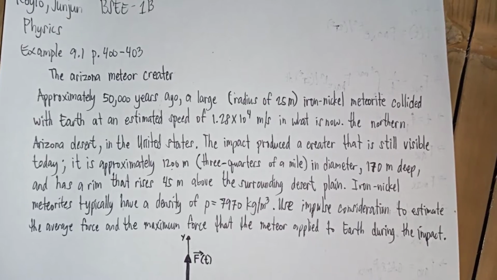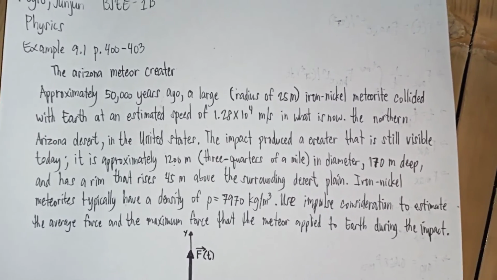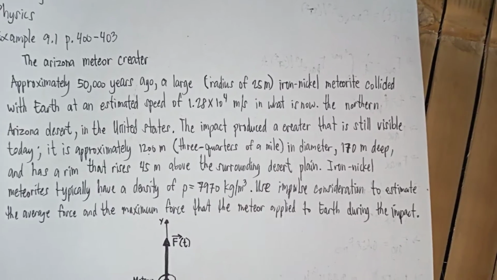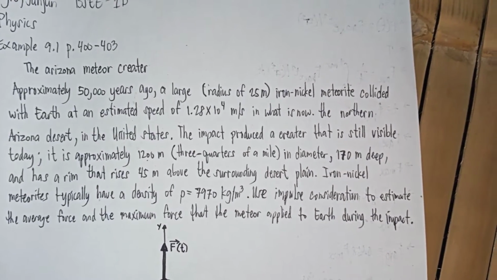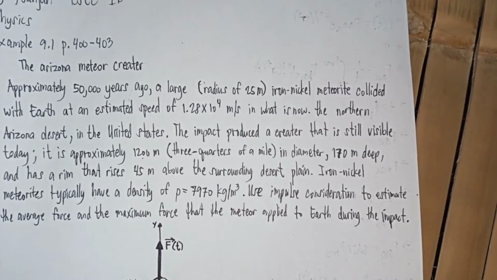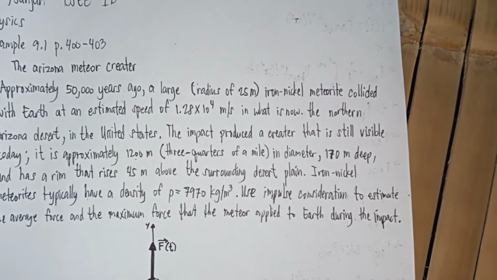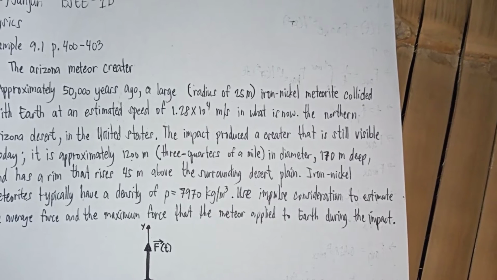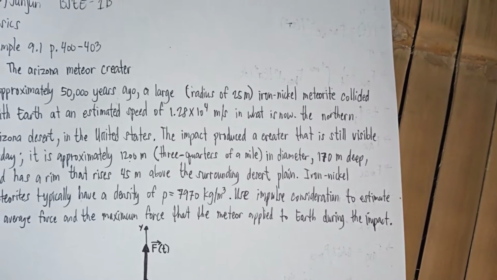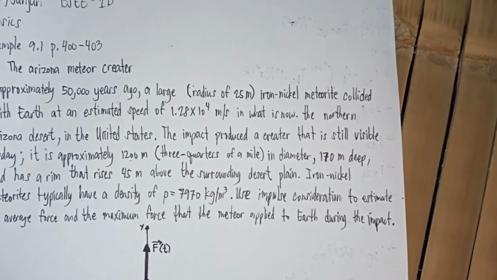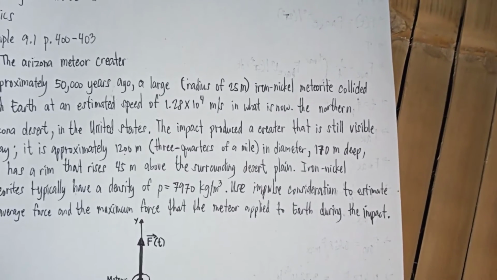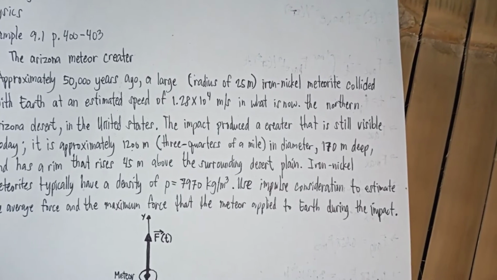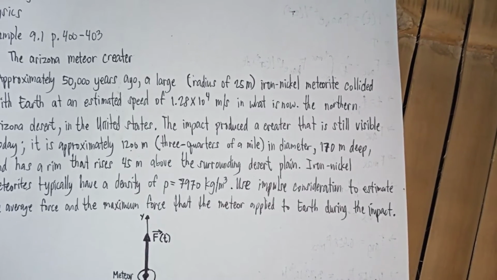Example 9.9, page 400 to 403. The Arizona meteor crater. Approximately 50 years ago, a large iron-nickel meteorite with a radius of 25 m collided with Earth at an estimated speed of 1.28 times 10 to the power of 4 meters per second in what is now the northern Arizona desert in the United States.